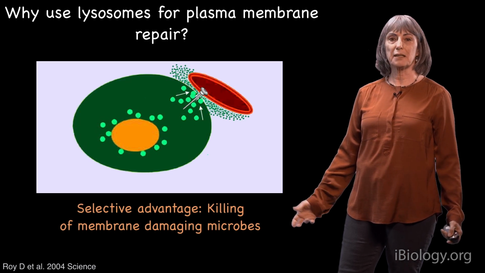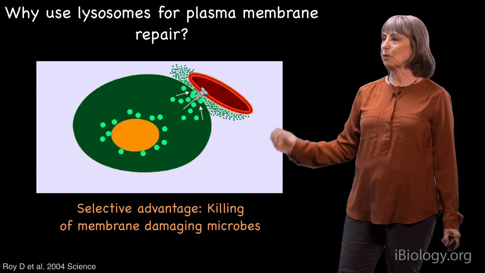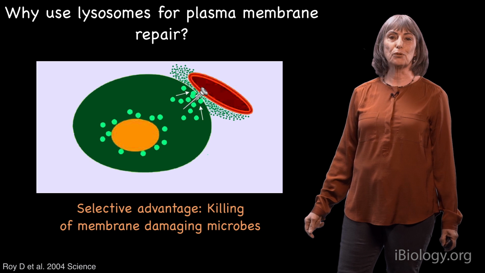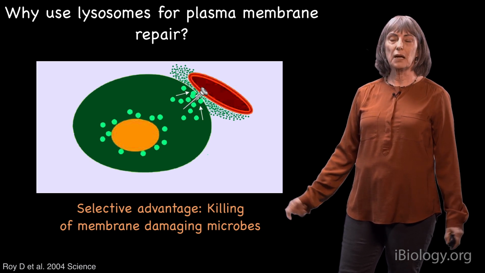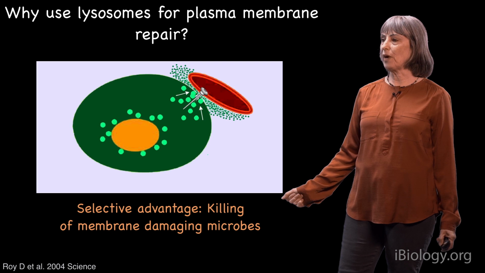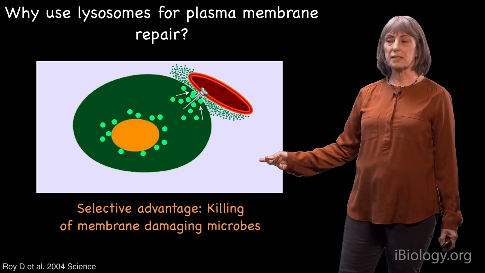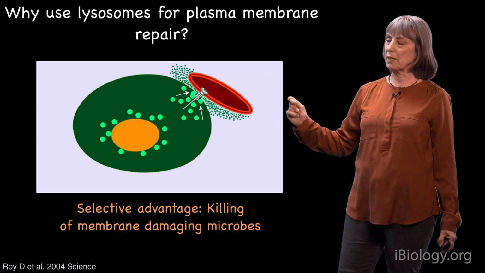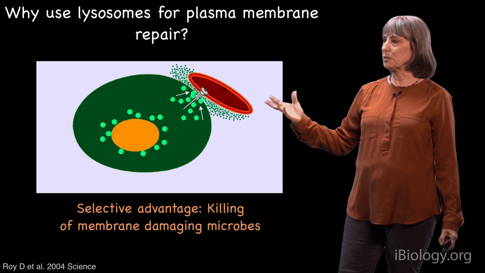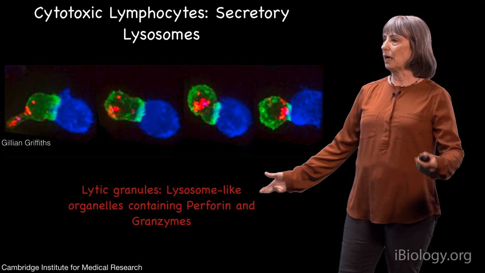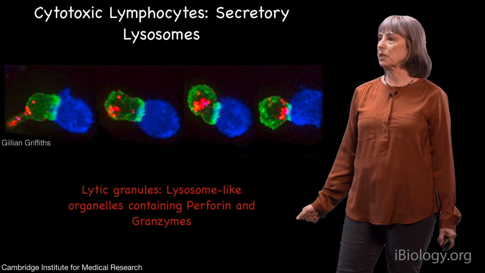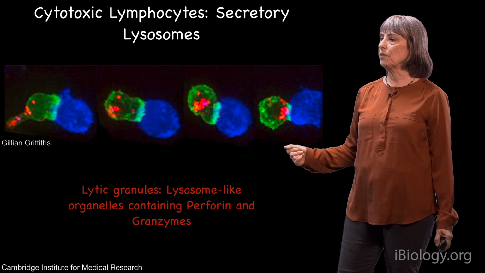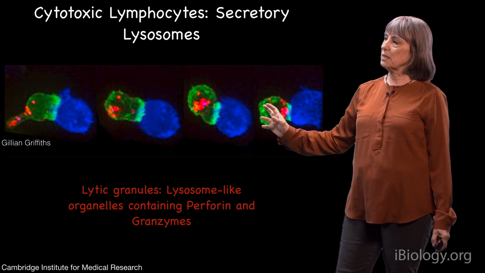So what we say is that we believe that using lysosomes for this response to injury, since the injury in the early days of the evolution of complex cells was probably caused by bacteria, provided a selective advantage, because at the same time that the cell was repairing its membrane, it might be destroying the microbes that were causing the injury. And this concept we find very interesting because our immune system has a very important cell type, the cytotoxic lymphocyte, shown here in this beautiful image by Gillian Griffiths, in which in red are the secretory lysosomes.